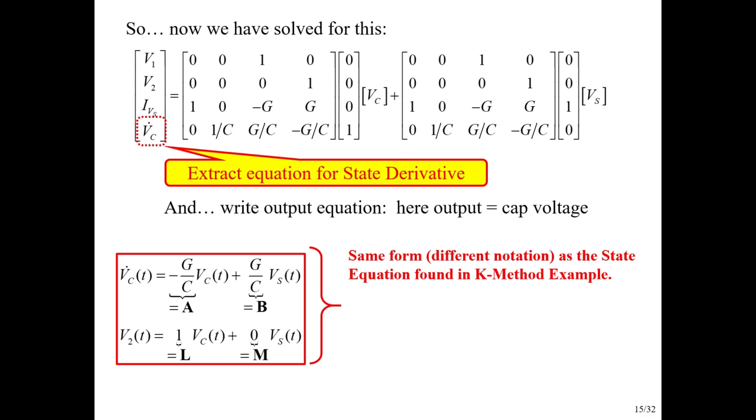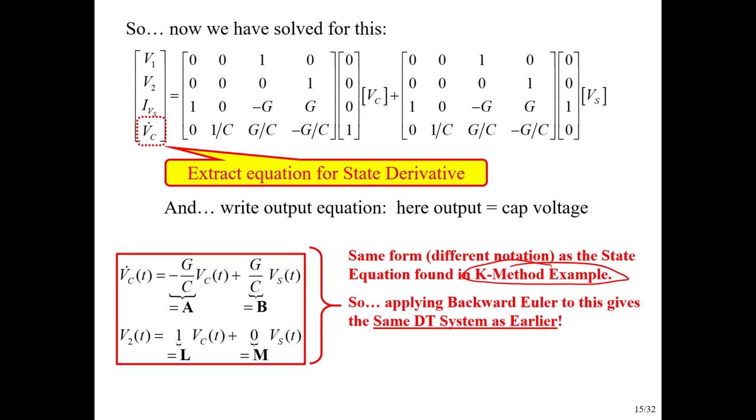So that is exactly the same form, just different notation, as we found for the state equation in the K method example. So we would go through the same steps to discretize this, and we'd get exactly the same thing. So apply the backward Euler rule, we get the same discrete time system, so it would be the same implementation.